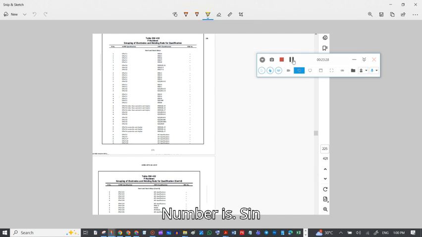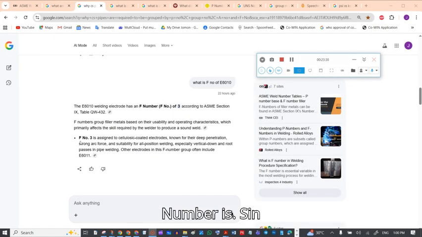F number 3 is assigned to cellulose coated electrodes known for their deep penetration, strong arc force, and suitable for all position welding, especially vertical down and root passes in pipe welding.